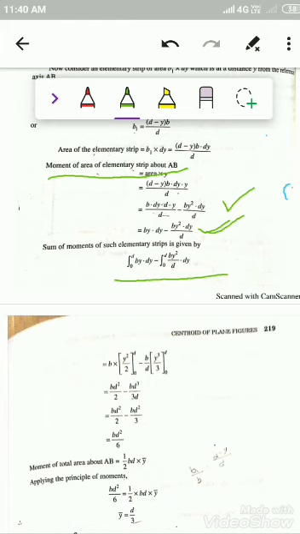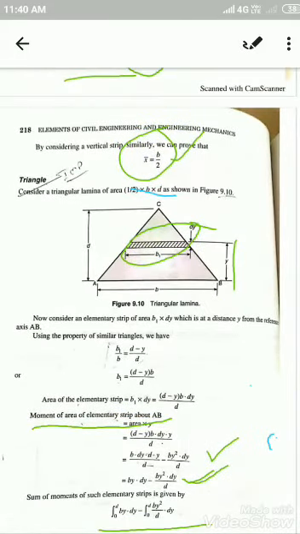Now see the simple integration. b into y dy: the integral of y is y squared divided by 2. Similarly, y squared divided by d: the integral is y cubed divided by 3, under the limits 0 to d, because the depth of the triangle is d.